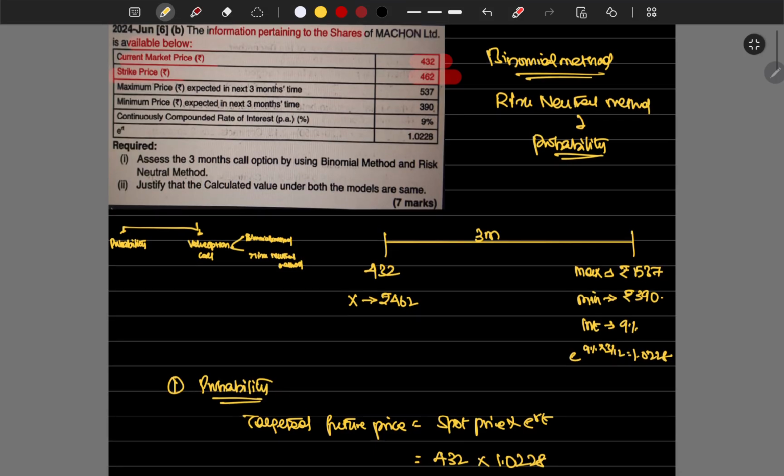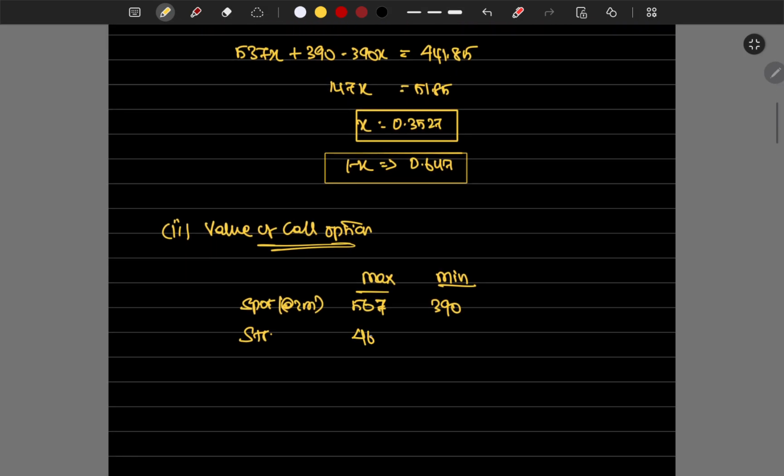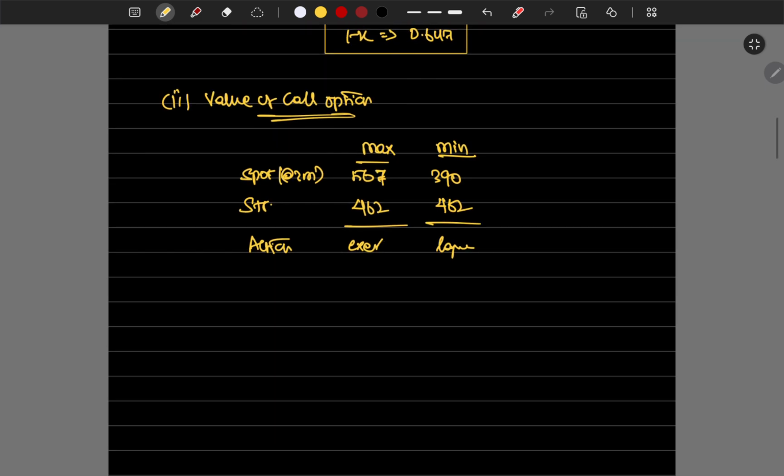The strike price is given in the question, which is 462 for both. What's the action we have to take? This is the call option. Will I buy at 462 and sell at 537? I will exercise. Will I buy at 462 and sell at 390? It will give us a loss, so lapse.